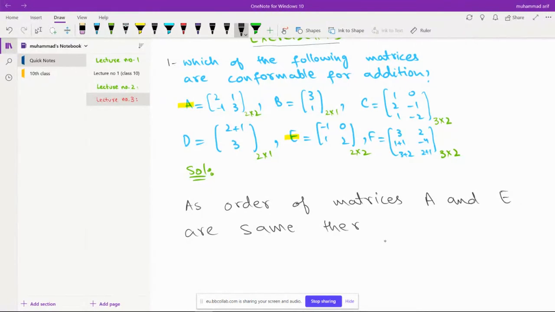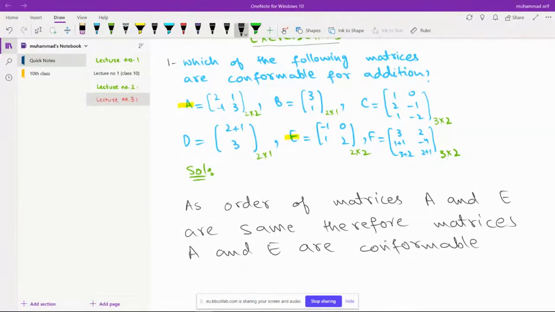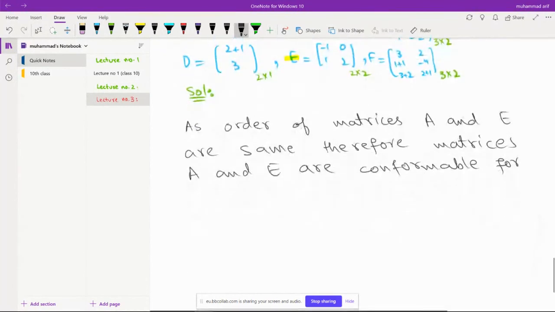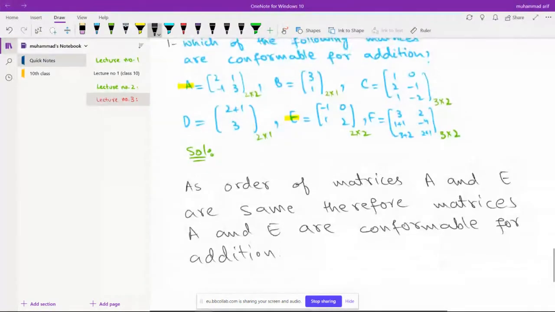Therefore, matrices A and E are conformable for addition, which means that matrix A can be added to matrix E.